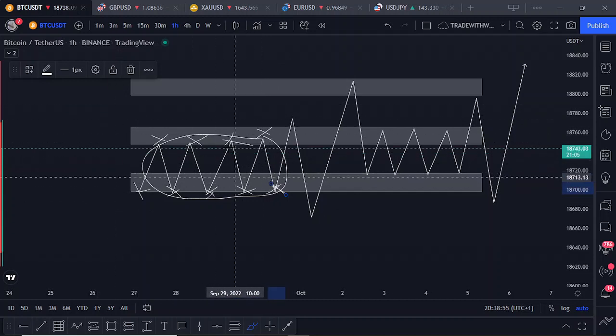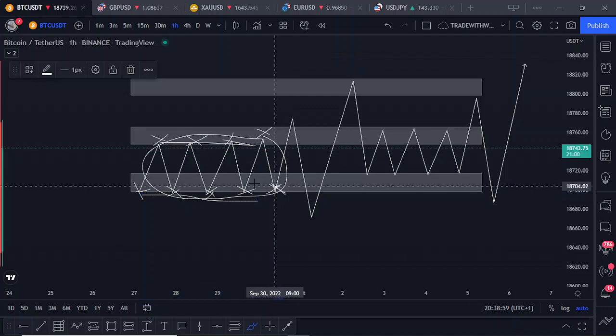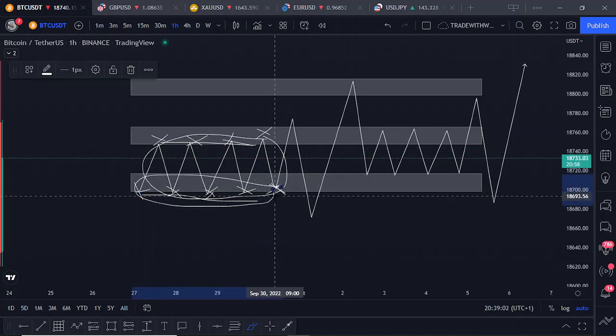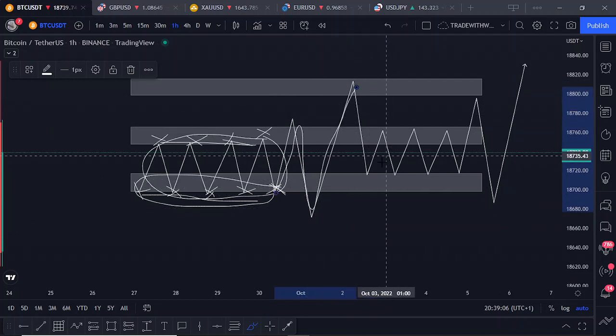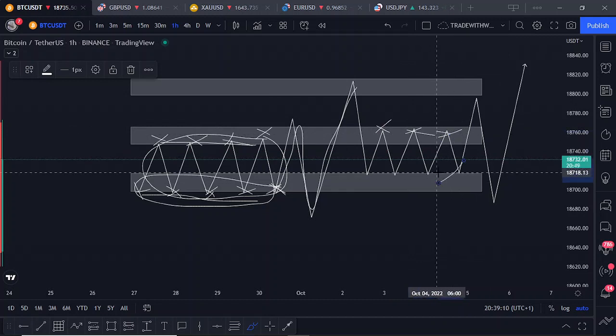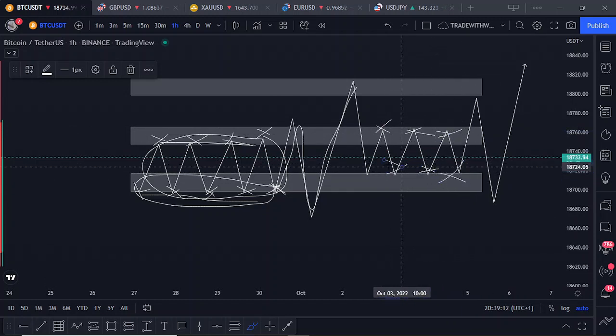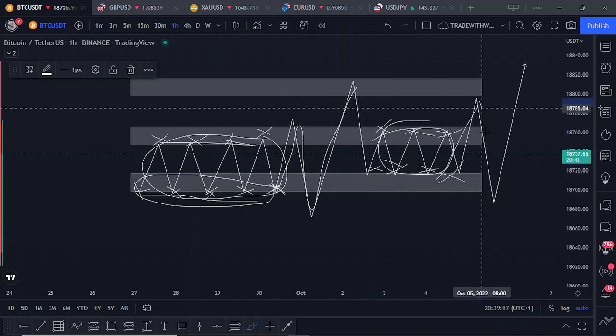There's a lot of money at the top, a lot of money at the bottom, and most of the time, what does the market maker always do? It always takes out liquidity, and then it moves either to the upside or to the downside.